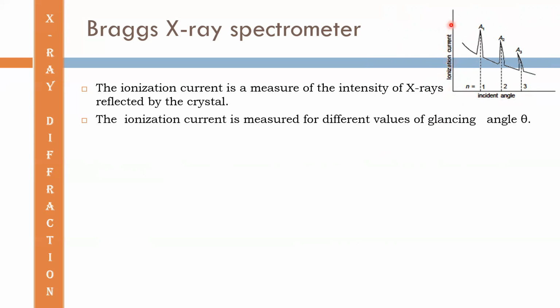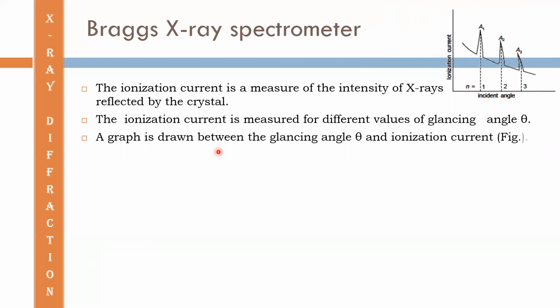This is such a type of spectra, such a type of graph. Here on the x-axis is the incident angle, and on the y-axis is the ionization current. This graph is drawn between glancing angle theta and the ionization current.